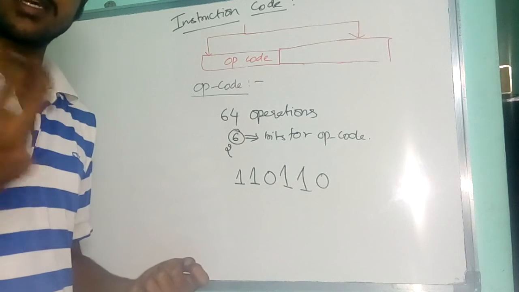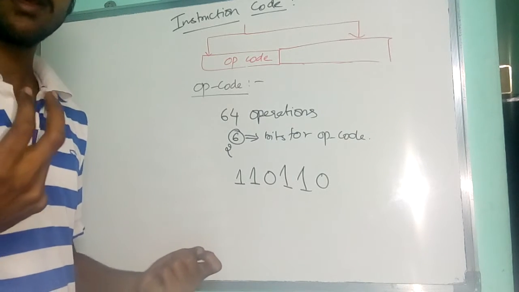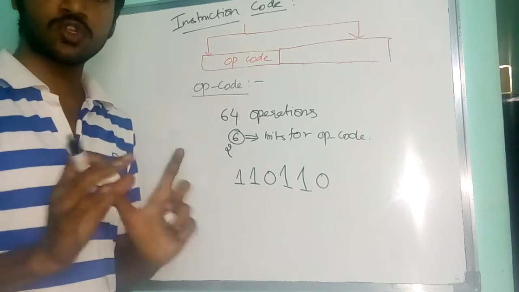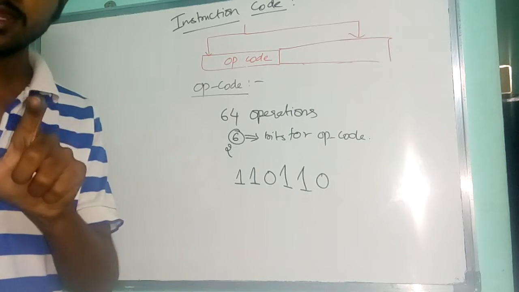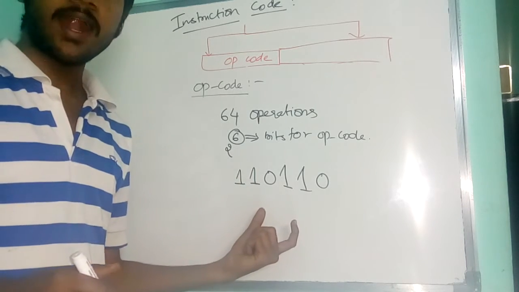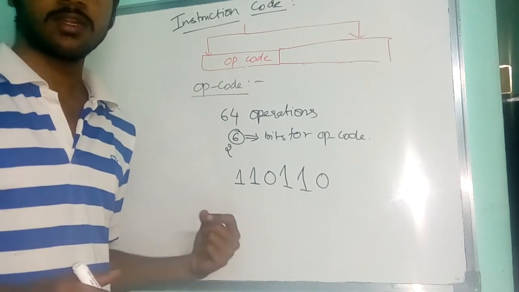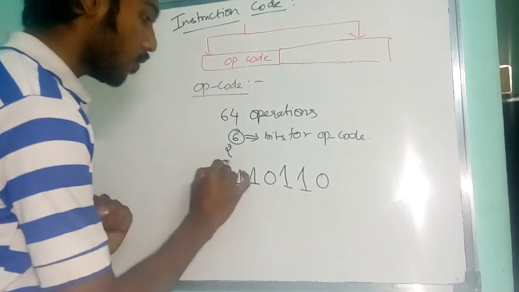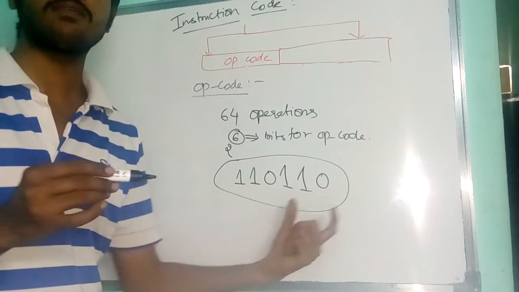Now you start searching for the operand from the memory. Now we store the operand in some memory and we add it to this register so that the addition operation completes. Now this is the opcode given for addition.